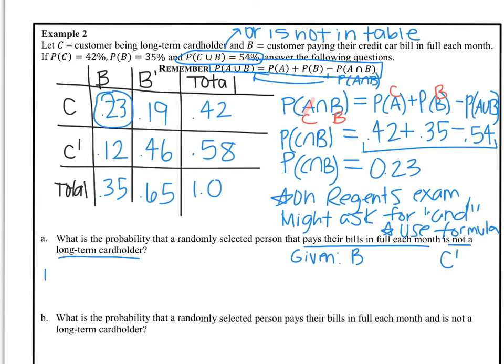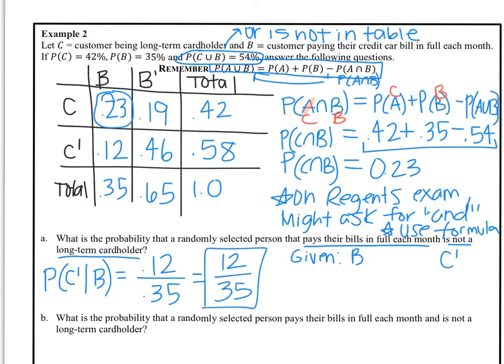So we're finding the probability of them not being a card holder given B, that they pay their bill in full each month. Looking in the B column, we've got 0.35 on the bottom, and of this column, how many of them are not card holders? 0.12. So 0.12 on the top, rewriting that as 12 over 35.